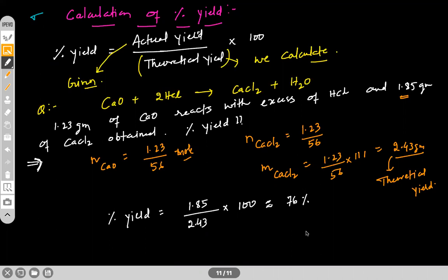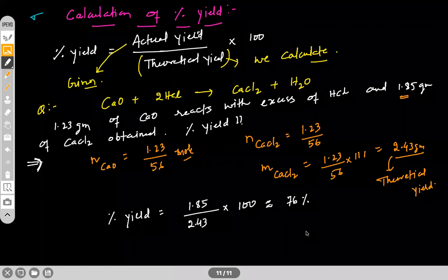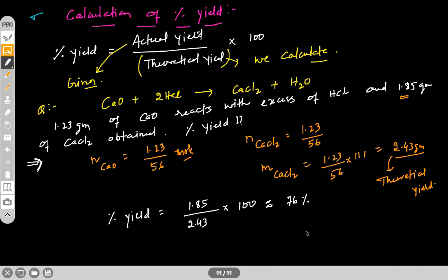Did you understand this? For this kind of question, you just need to know this formula, okay? And whatever question we have done so far, the calculation of the amount of product and all, those concepts you have to use to find out the theoretical yield, and then use this formula, get the answer.